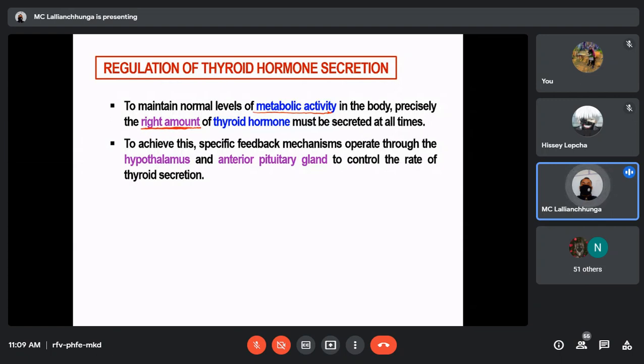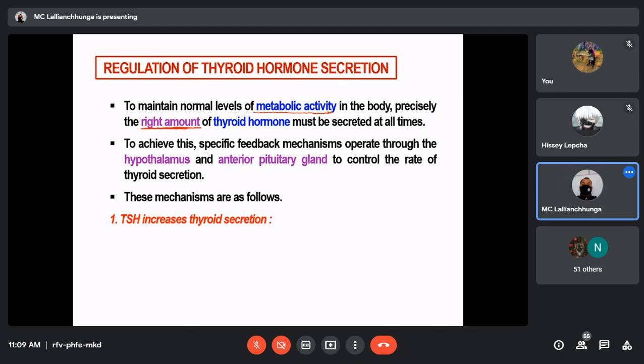TSH then acts on the thyroid gland to increase the secretion of T3 and T4. These three organs, the hypothalamus, anterior pituitary gland, and thyroid gland, are all interrelated regarding the secretion of thyroid hormones. These mechanisms are as follows.